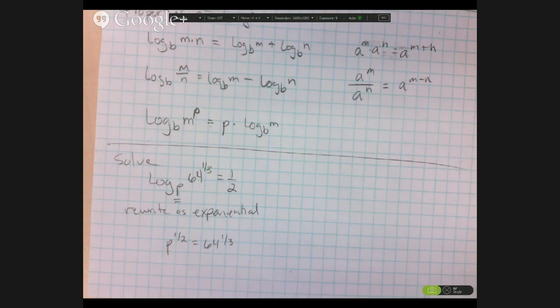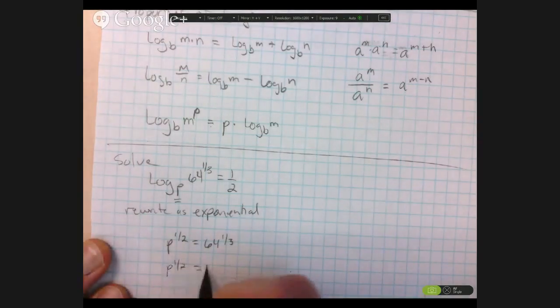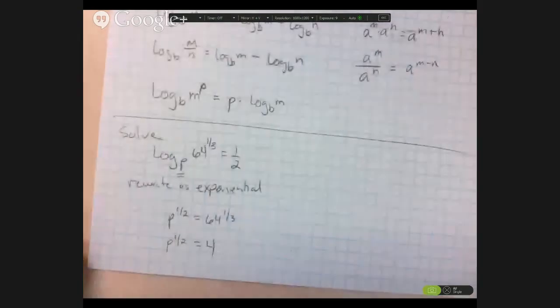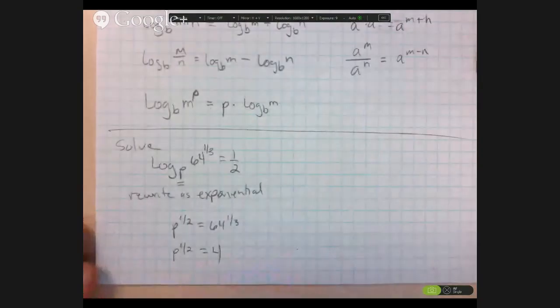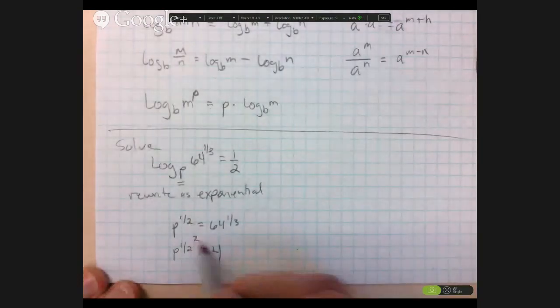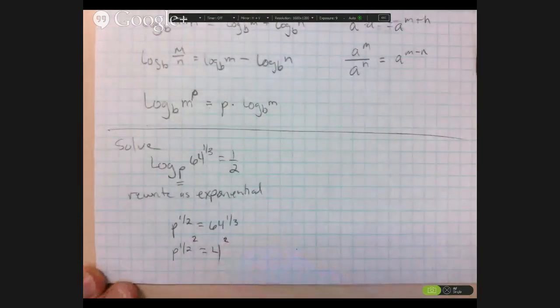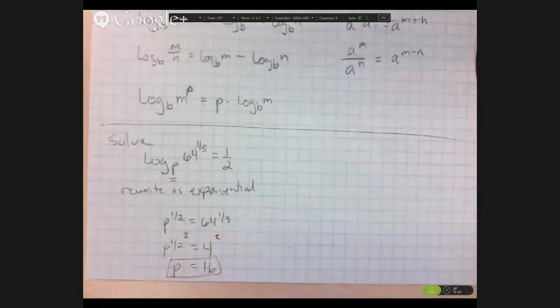Okay. How do I get rid of the 1/2? Yeah, square both sides. So p is 16. Okay, very doable, right?